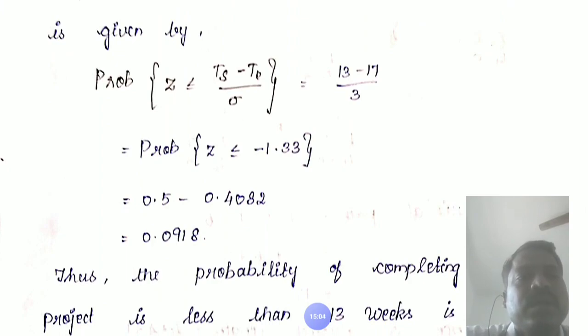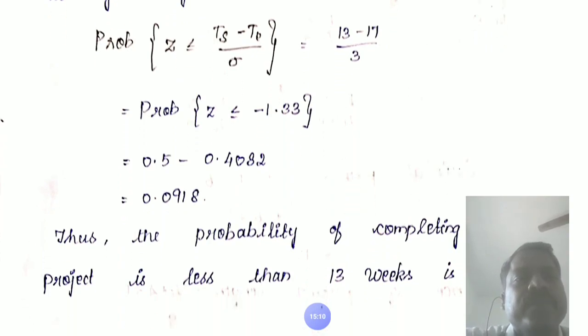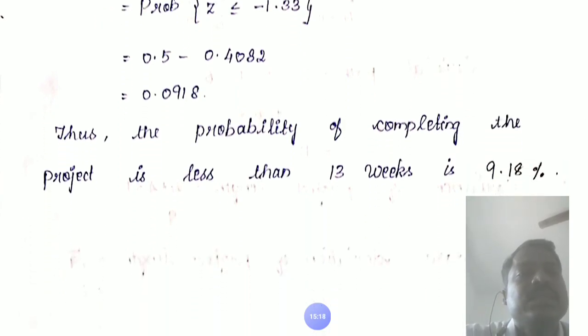The probability of Z less than or equal to minus 1.33, from the distribution table, is 0.4082, therefore 0.0918. Thus, the probability that the project is completed in less than 13 weeks is 9.18%.